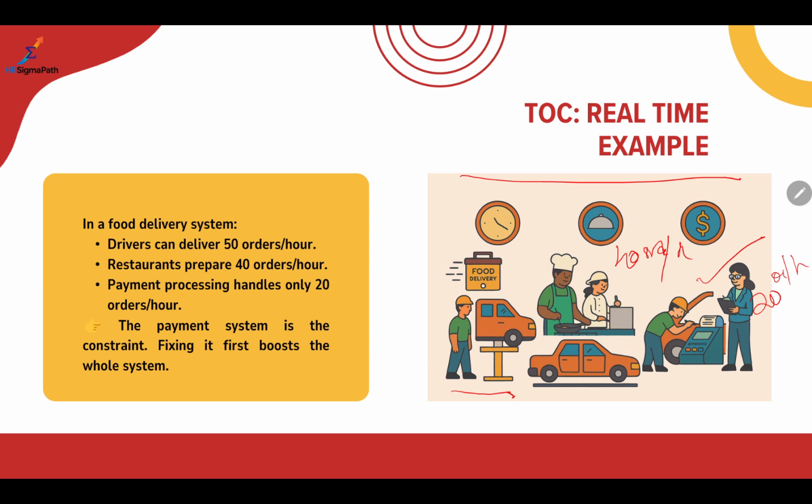So the payment system is the constraint here. Fixing it first boosts the whole system, because this mismatch slows down the entire system. To improve the flow, we need to elevate the constraint first, streamline the payment step, and then automate the approvals or add more processors. So that's lean and the theory of constraints in action. Fix the weakest link and the whole chain gets stronger.